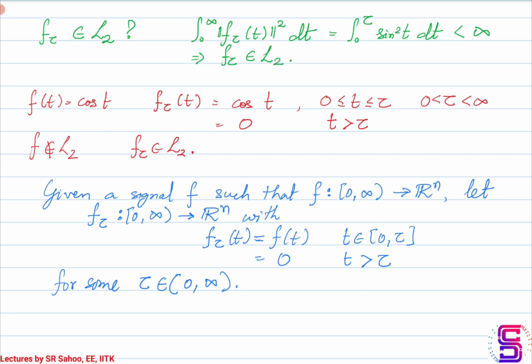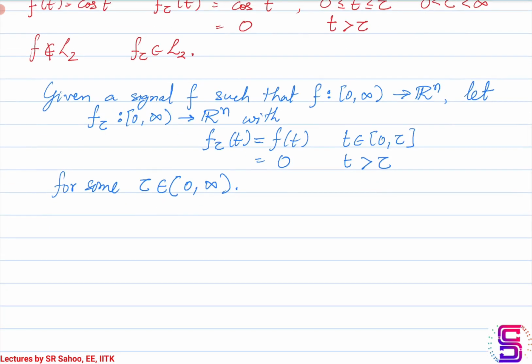So if f_tau belongs to the LP space for all tau that you can think of, for all possible truncations of the signal f, then f is said to be a signal in the LP extended space. You choose tau equal to 2, tau equal to 3, 4, 5.5, 6.97, and you keep on choosing tau.